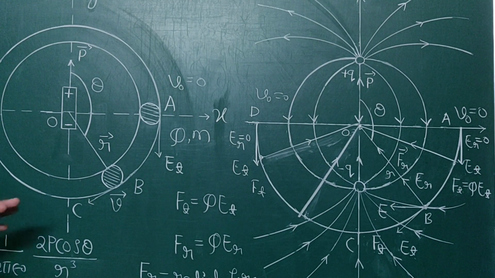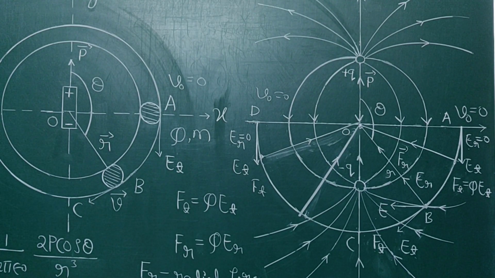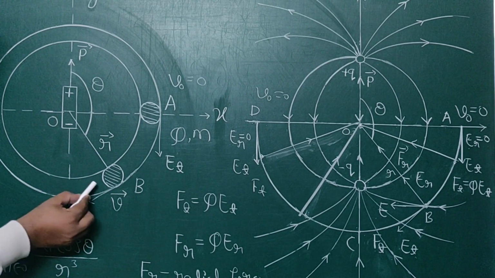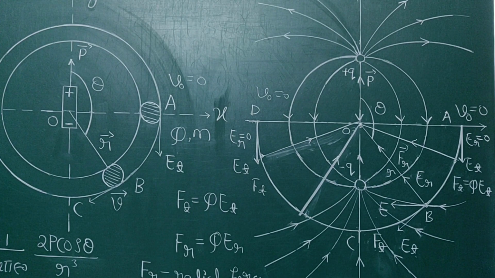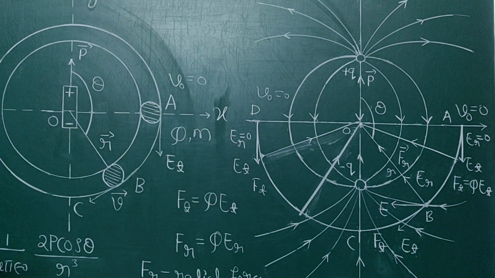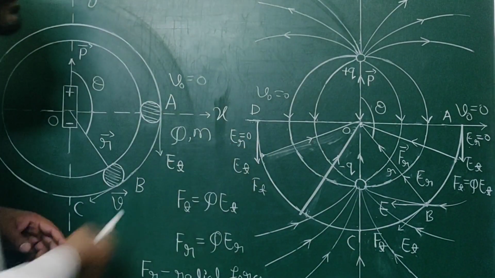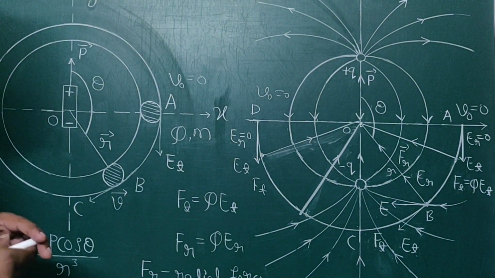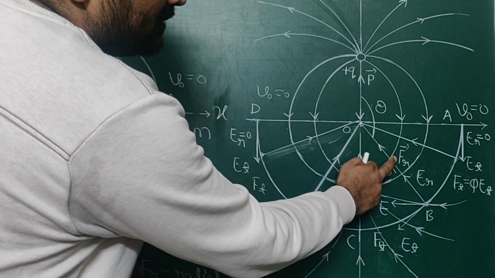Now, let us find the answer for the second question. As we have seen, in the second question they are asking what is the normal force acting on the bead by the ring? We can see in the diagram that for the semicircular motion of the bead, the entire centripetal force is provided by only the radial force.